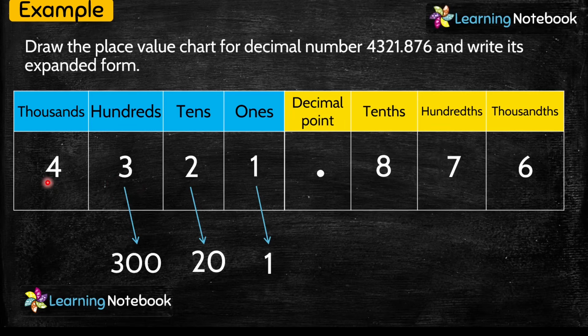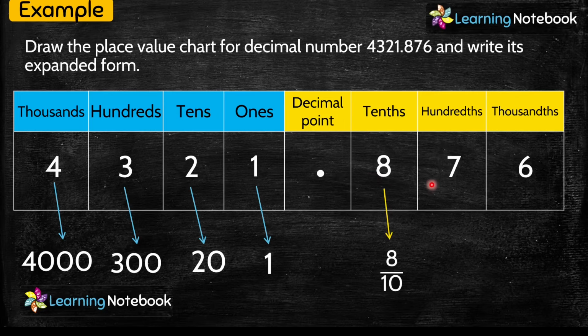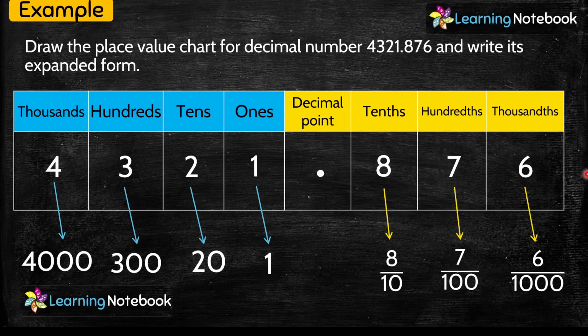And place value of 4 is 4000. Now let's write the place value of decimal part. Place value of 8 is 8 by 10. Place value of 7 is 7 by 100. And place value of 6 is 6 by 1000.